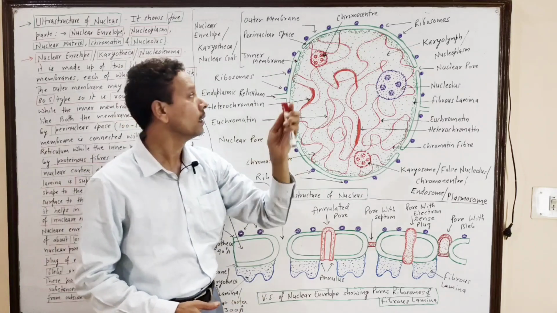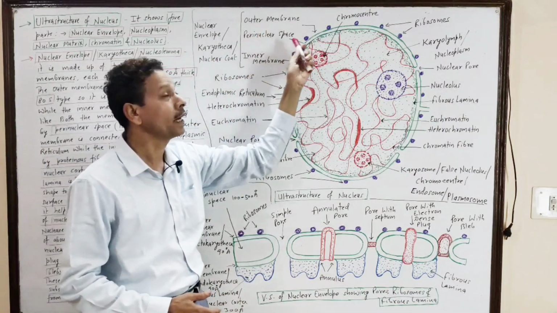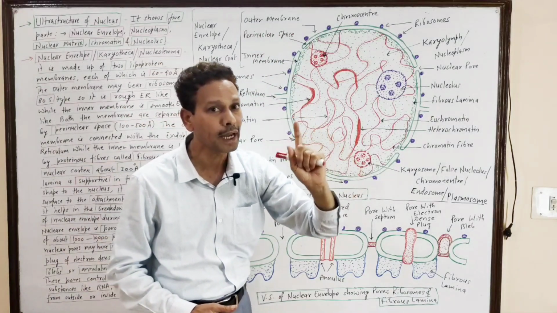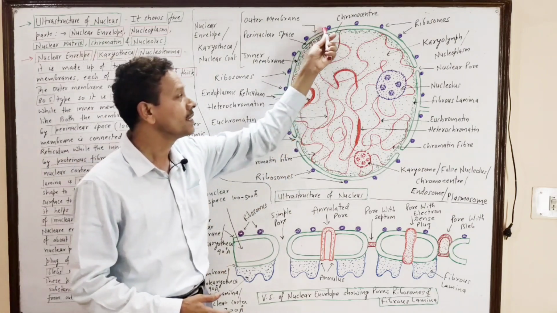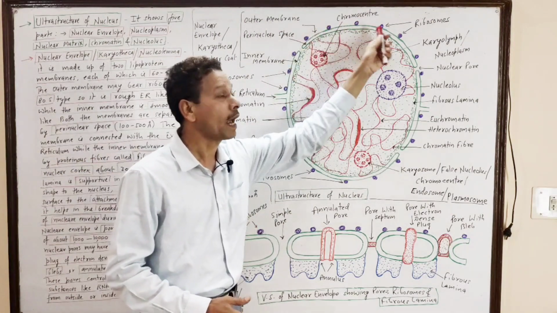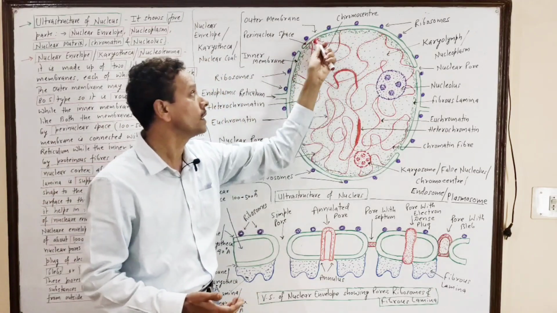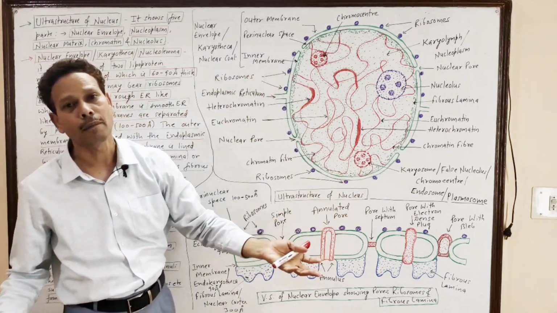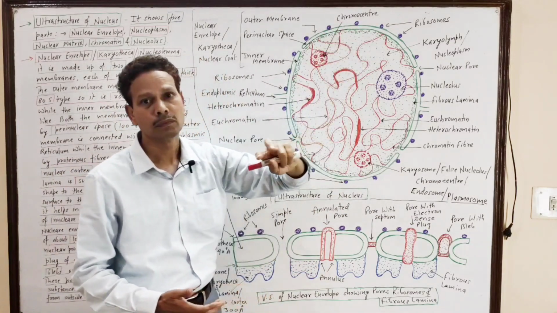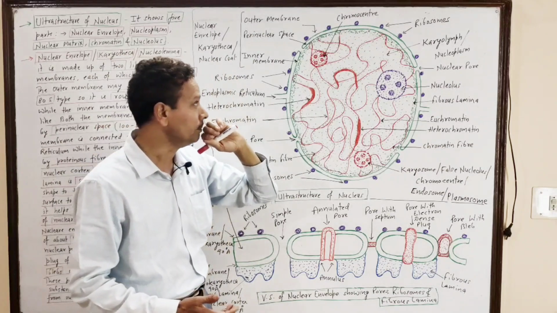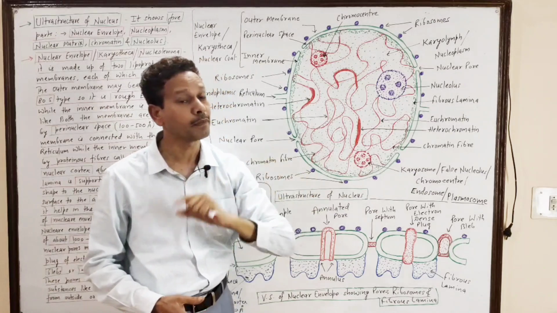This one is perinuclear space, and this perinuclear space is about 100 to 500 angstrom thick. This outer membrane having ribosomes is rough, but this inner nuclear membrane without any ribosomes is smooth. Between these two nuclear membranes, a space is present, and that space is perinuclear space.